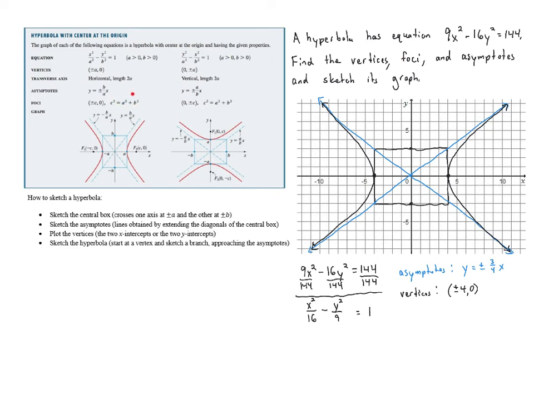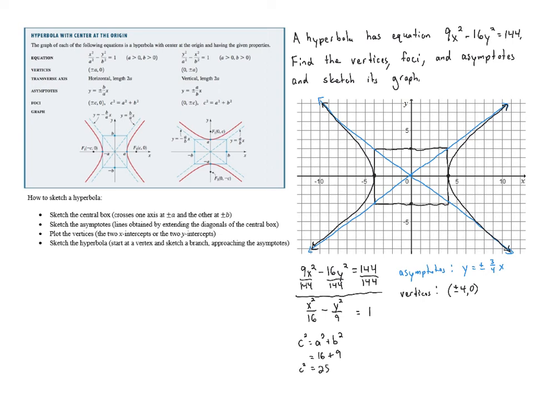And the relationship here is that c squared is equal to a squared plus b squared for the foci. In this case, a squared is 16 and b squared is 9. 16 plus 9 is 25.